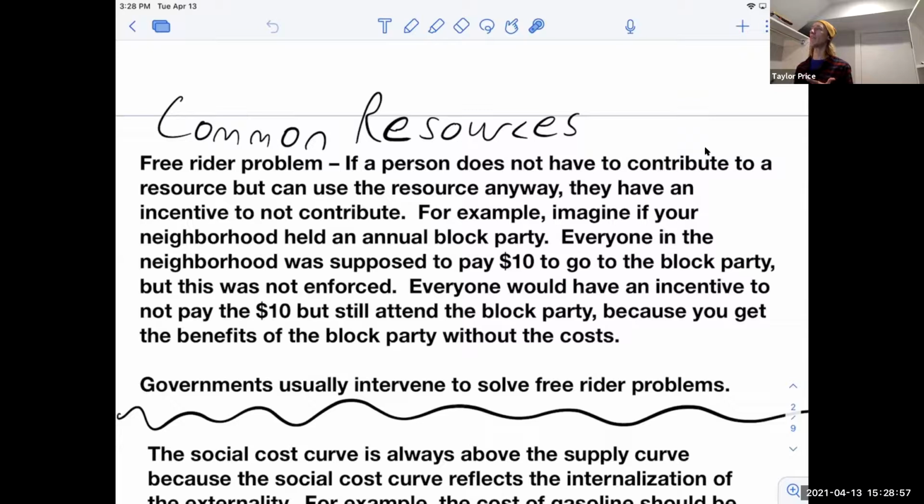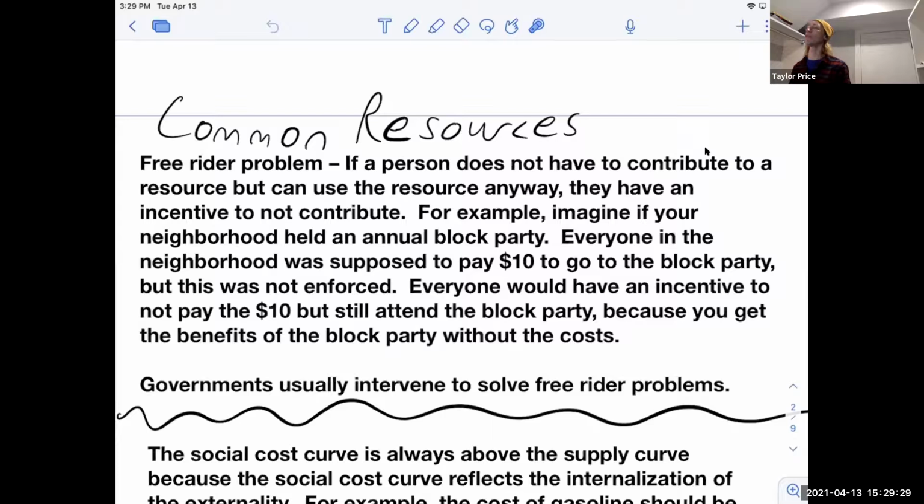For example, let's say your neighborhood throws a block party and everyone in the neighborhood is supposed to pay $10 to go, but that $10 payment is not enforced. So if you live in the neighborhood, you can go to the block party even if you don't pay the $10. Everyone has an incentive not to pay the $10 but still attend, because you get the benefits of the block party without the costs.